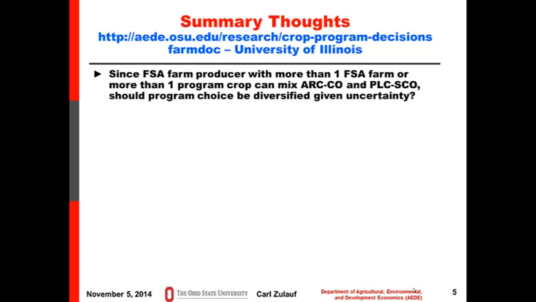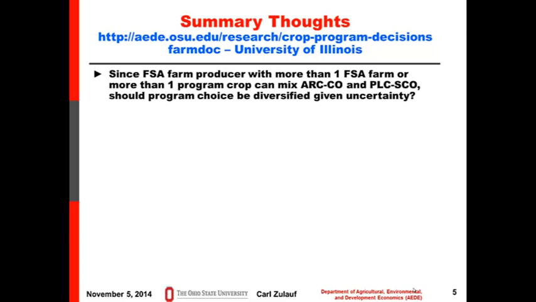Particularly if you have more than one FSA farm, I think you need to ask yourself, do you want to diversify your program choice across these programs, across the farm? Let's say you have 2 FSA farms. Do you want to put one of those farms in ARC-CO and another in PLC?